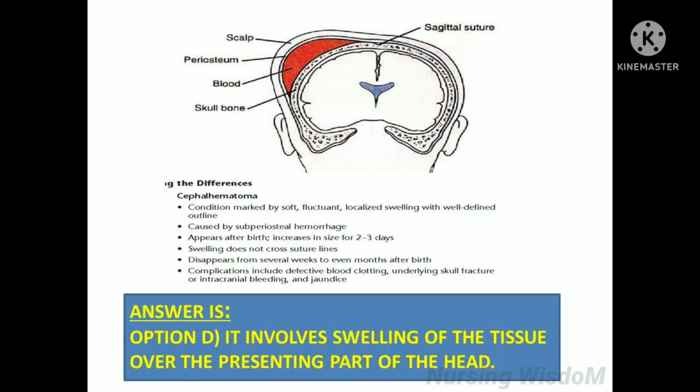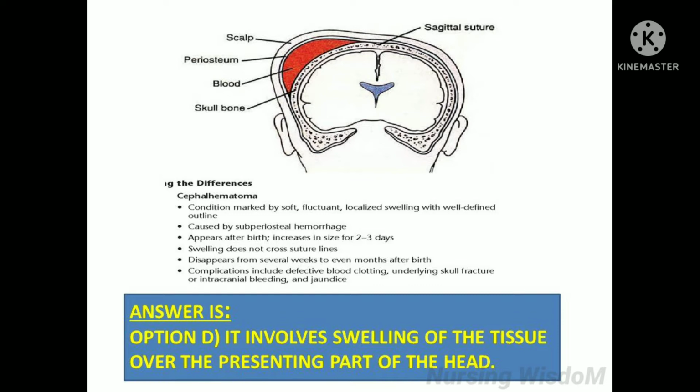Cephalohematoma is a condition marked by soft, fluctuant, localized swelling with well-defined outline, caused by subperiosteal hemorrhage. It appears after birth and increases in size for 2 to 3 days. Swelling does not cross suture lines and disappears from several weeks to even months after birth.